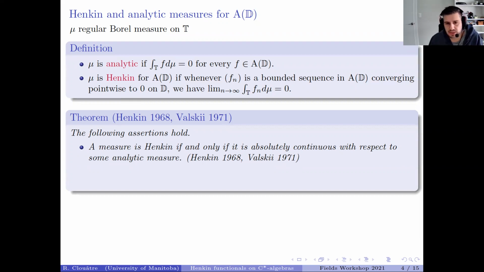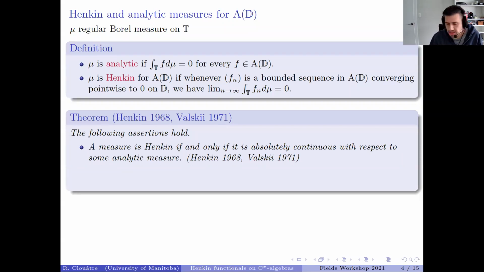I'm not going to tell you precisely what these theorems are at this point. I will come back to it in a few minutes, at which point I will be a bit more explicit. Okay, so you could say, well, there you go. This is the answer to your operator theoretic question. If you want to determine whether or not your contraction admits a nice functional calculus, you have to look at the unitary part of that contraction, look at the spectral measure, and you have to make sure that it's absolutely continuous with respect to some analytic measure.